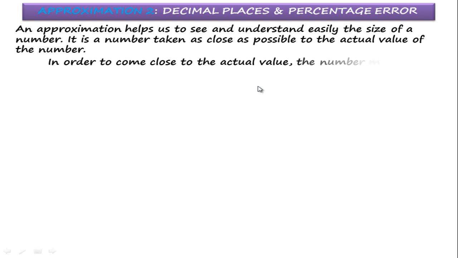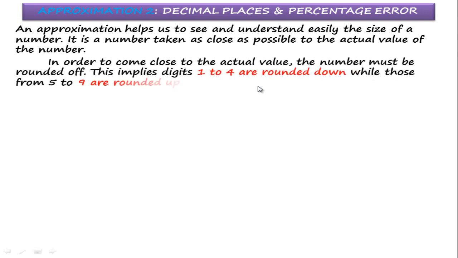In order to come close to the actual value, the number must be rounded off. This implies digits 1 to 4 are rounded down, that is going to be rounded to 0, while those from 5 to 9 will be rounded up to 1.